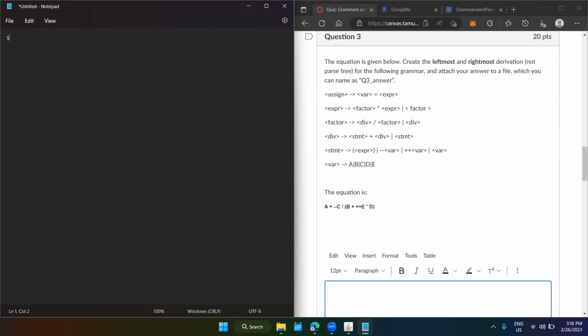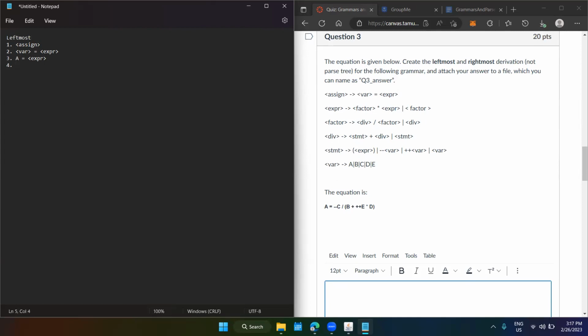Okay, so one is assign. Two is... Are we doing leftmost first? Yes, that's what I'm doing right now. Okay, I'm just gonna write that down just in case I forget. Leftmost. Okay.